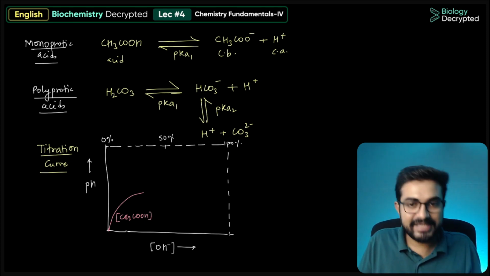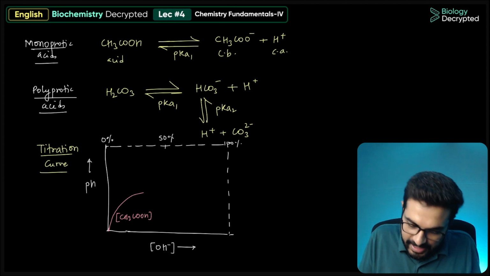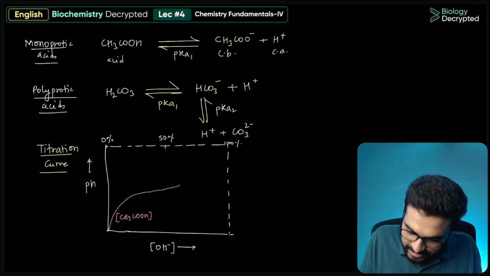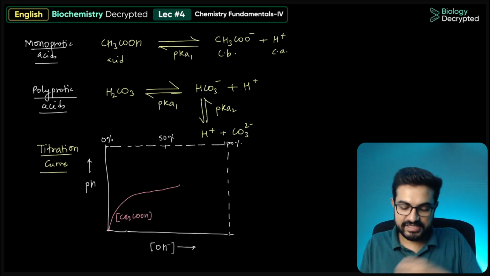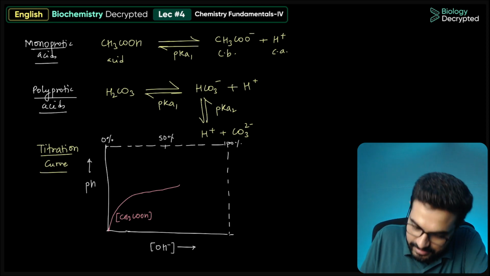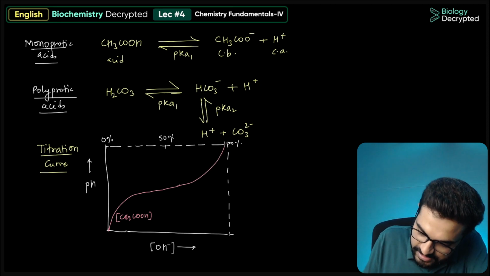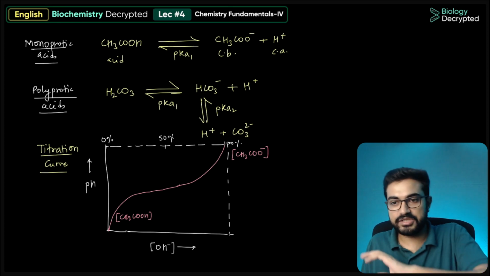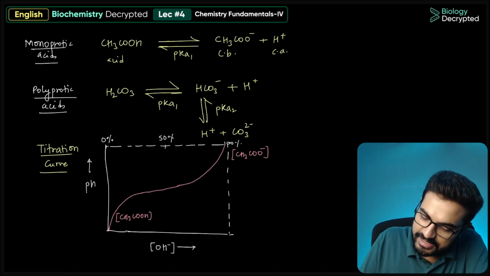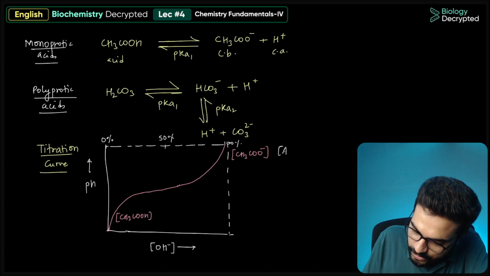Gradually it is dissociating, and finally you have an increased concentration of CH3COO minus. By the end of this, there will be only CH3COO minus when this titration is 100% complete. This is basically your A minus ion, that is your conjugate base.